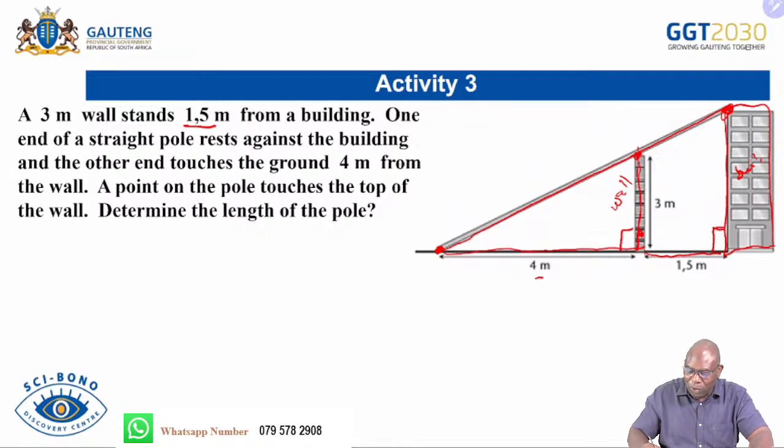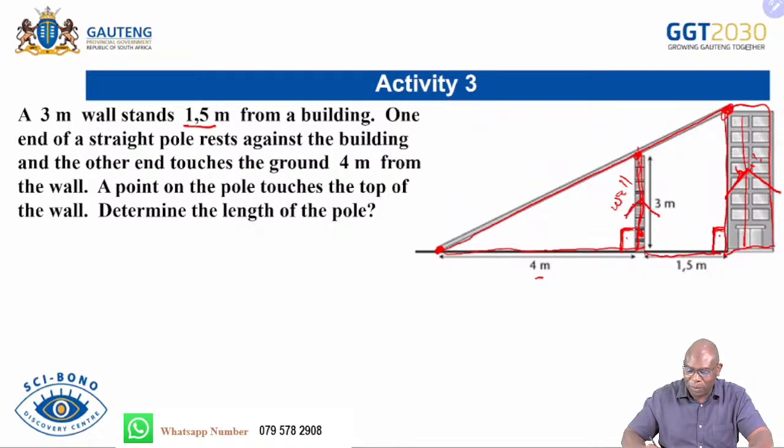If this wall is perpendicular to the ground and that wall is perpendicular to the ground, I can see 90 degrees there and 90 degrees there. It means that those angles are corresponding angles, which are equal, meaning that that wall will be parallel to the building.